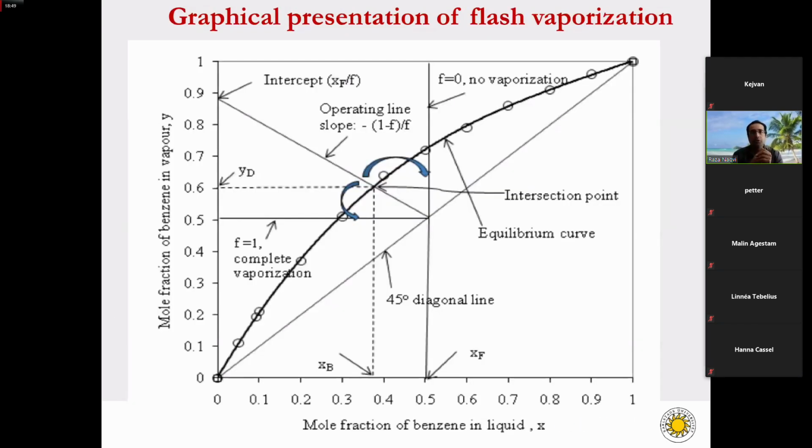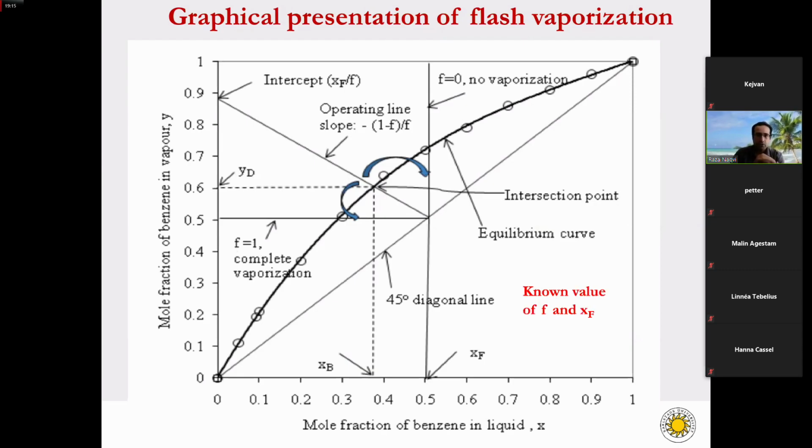You can also show the graphical presentation of flash distillation. So similarly, if we have a vapor liquid equilibrium diagram for benzene, on the x-axis we will have the mole fraction of benzene in the liquid phase, and on the y-axis the mole fraction of benzene in the vapor phase, and we can draw an equilibrium curve, right?